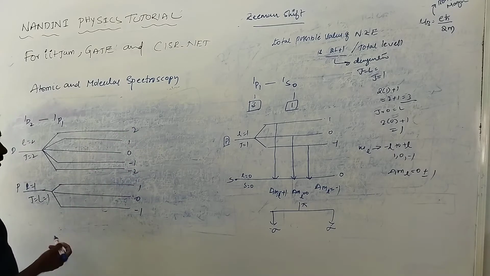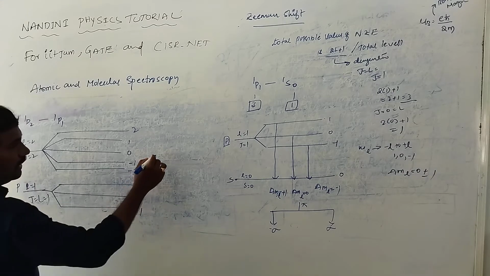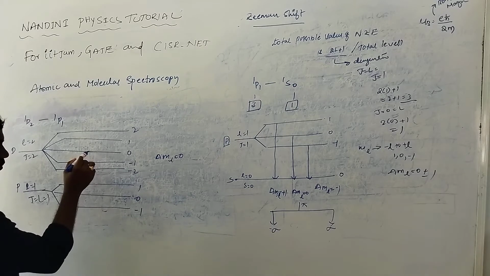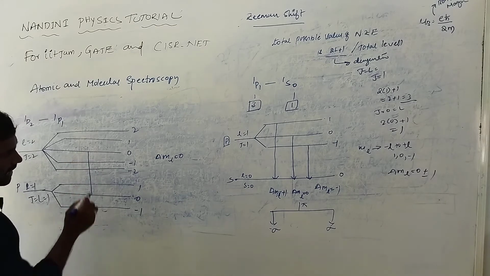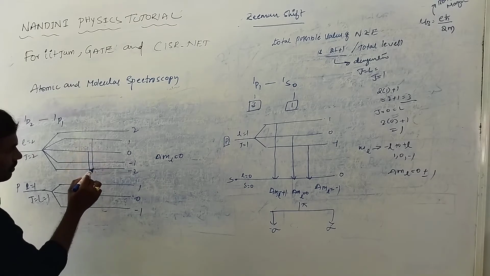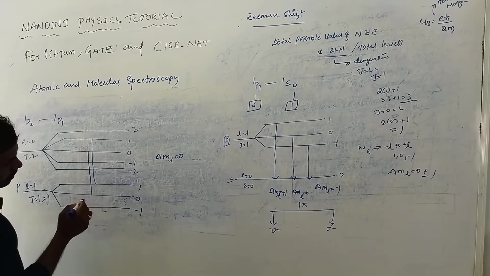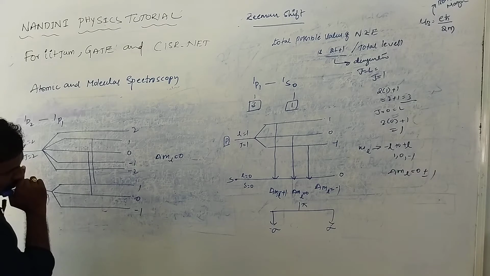So the possible ML values: first of all, delta ML is equal to 0. Take 0, so 0 to 0 is possible, and 1 to 1 and minus 1 to minus 1 are possible, and 2 to 2 is not possible, only 0 possibilities are there.